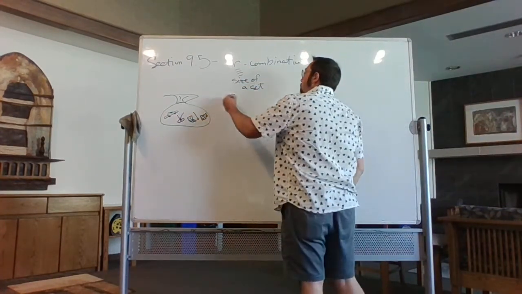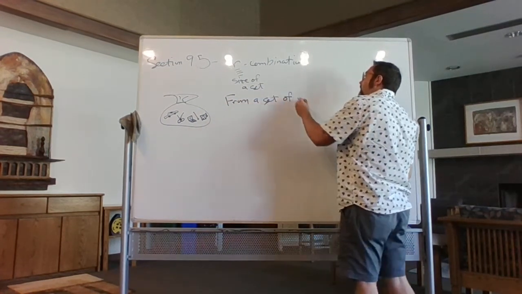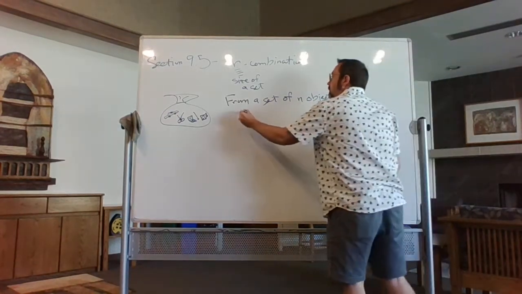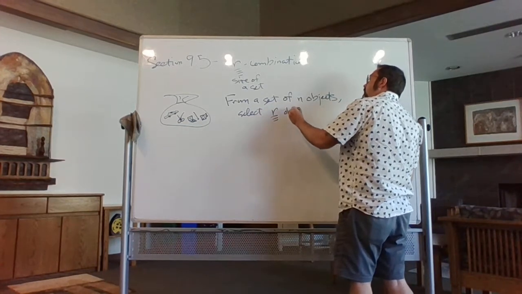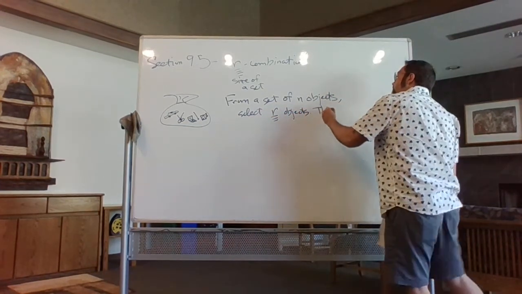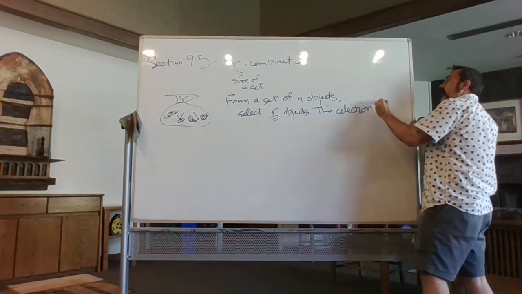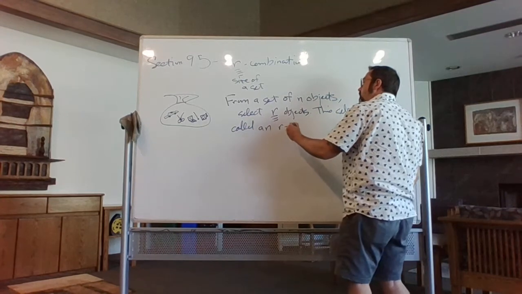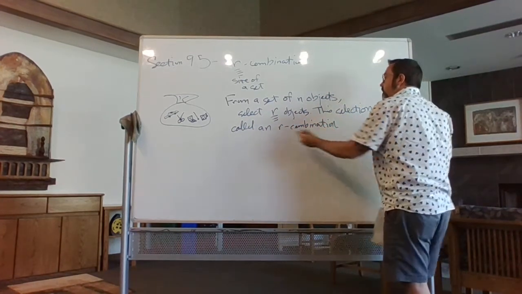So from a set of n objects, select R objects. And this selection is called an R combination, of the original set, if you want to be precise.